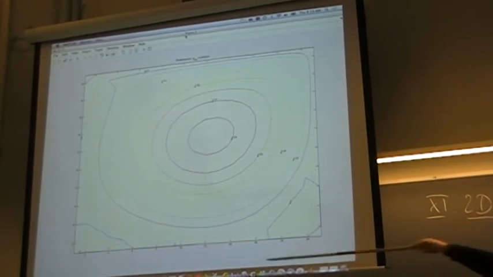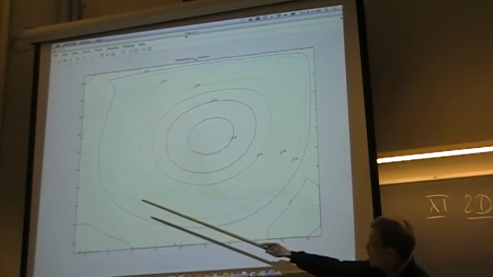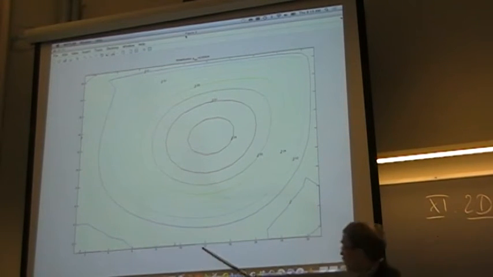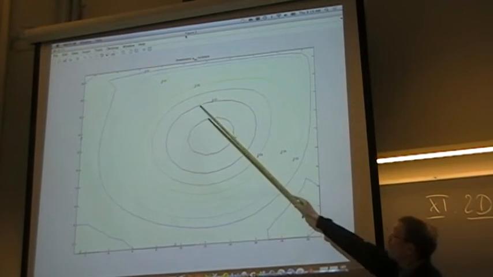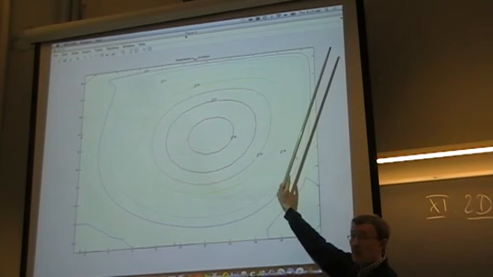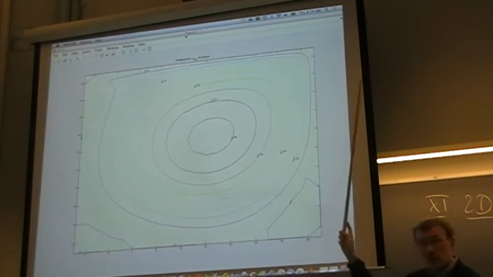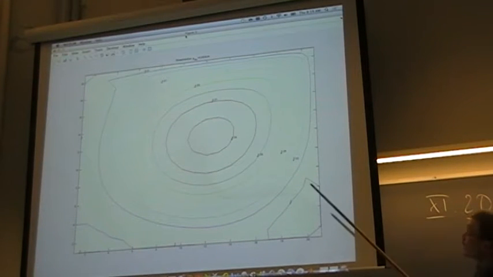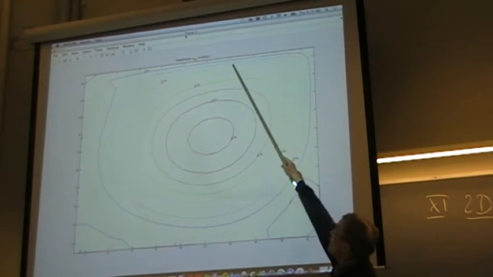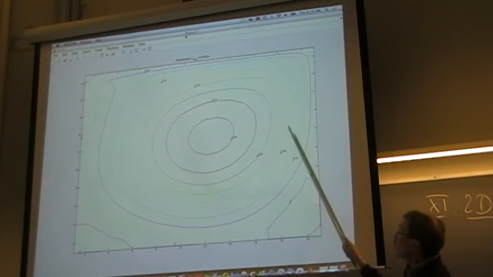So we have a square cavity. And these three boundaries are fixed, but the top boundary is moving with a constant velocity to the right. So it's a lid that is then driving the flow because of the no-slip boundary condition. The fluid here will be moved in that direction, and we get a vortex.